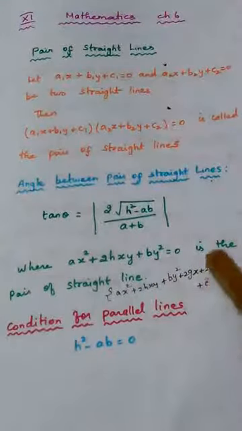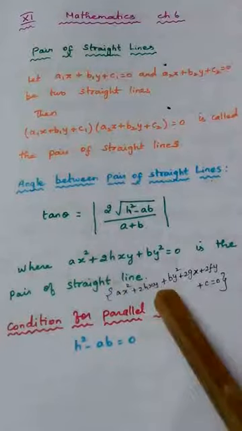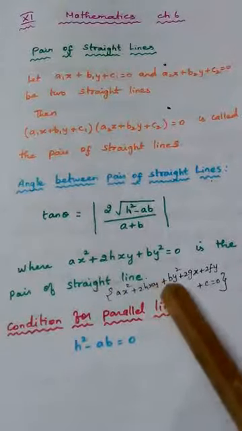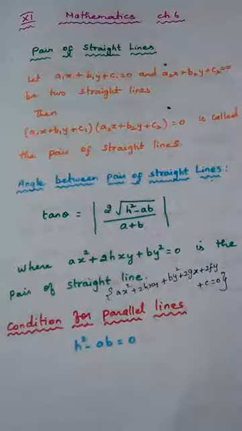Definitely this is called what? This is called second degree equation because degree is 2, and this represents what? Pair of straight lines. Not always, sometimes, because it is not compulsory that all second degree equation means it is a combination of two straight lines. No, it may be a curve also. It may be a combination of two straight lines also.